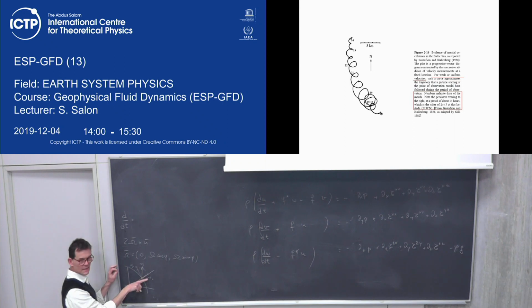This is the component z and this is the component y. This is phi, this is phi, and this is phi. This is cosine and this is sine.